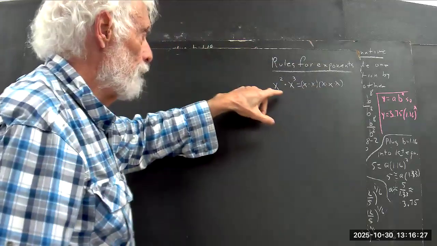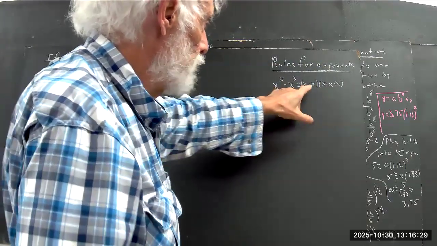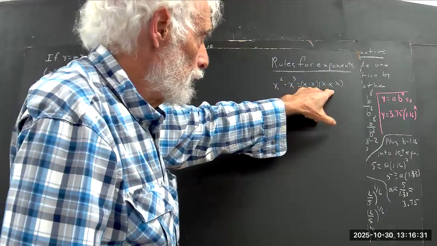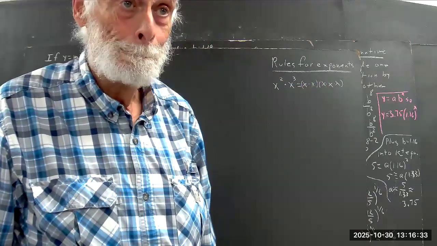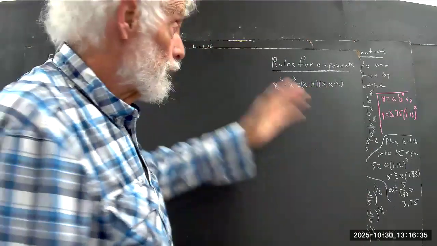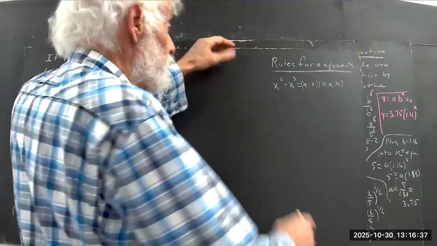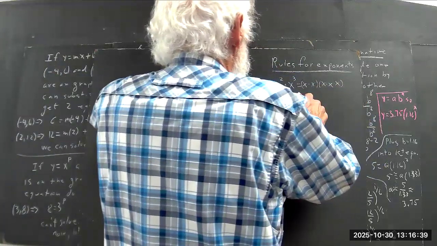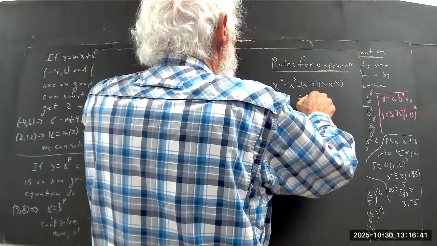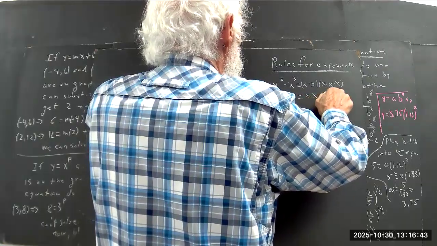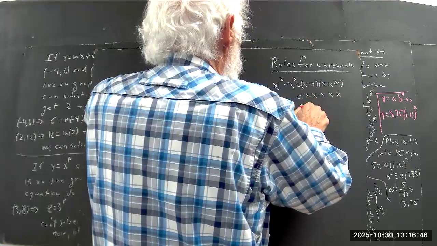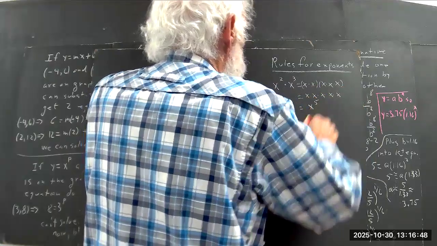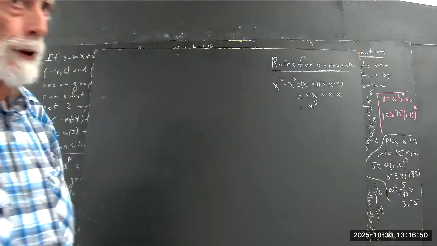See what I just wrote there? X squared times x cubed means x times x multiplied by x times x times x, right? I mean, that's what x squared means. That's what x cubed means. That gave us x to the fifth.